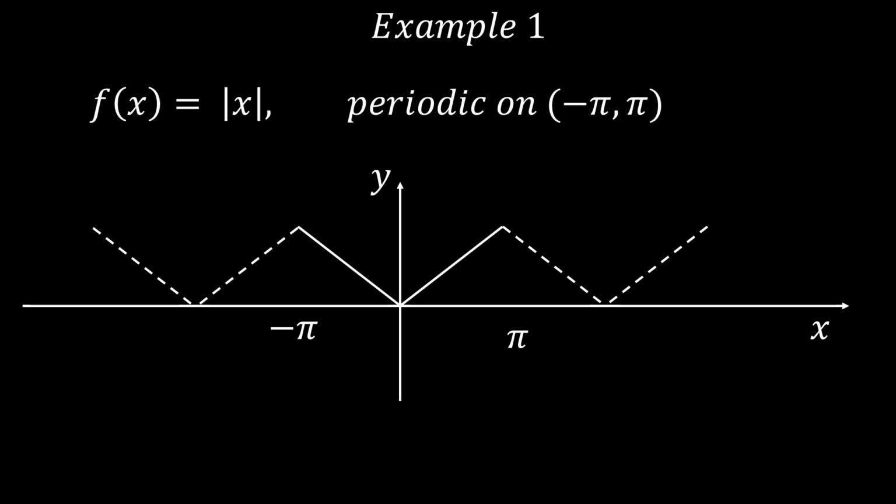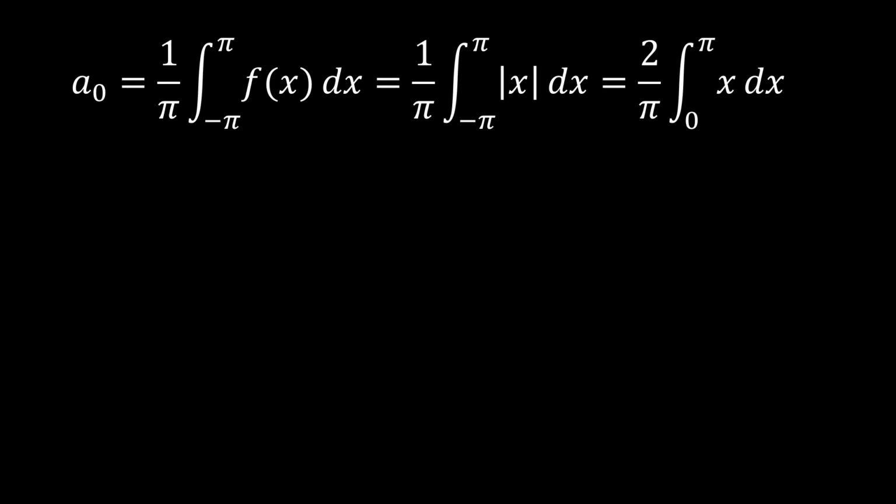Let's try and see how we may be able to obtain the Fourier series for such an expression. So a naught, we saw, is 1 over pi times the integral from negative pi to pi of f(x), where f(x) is the absolute value of x.